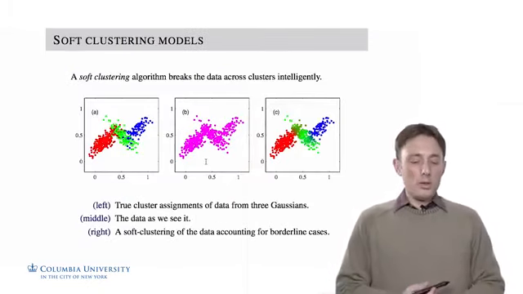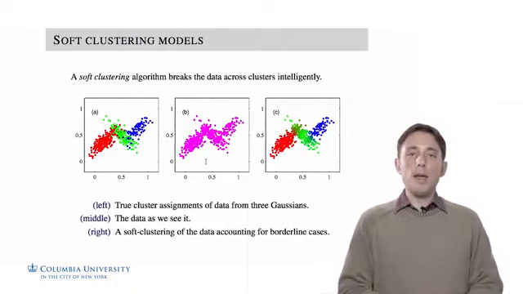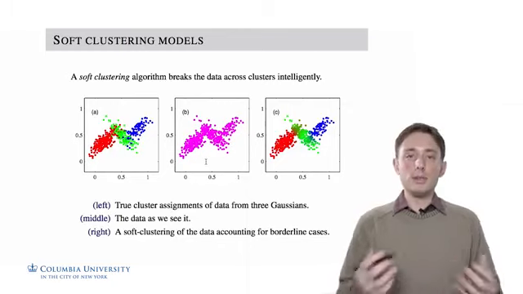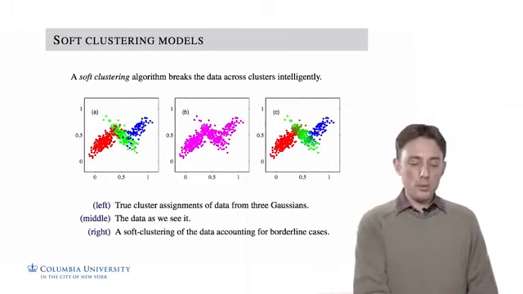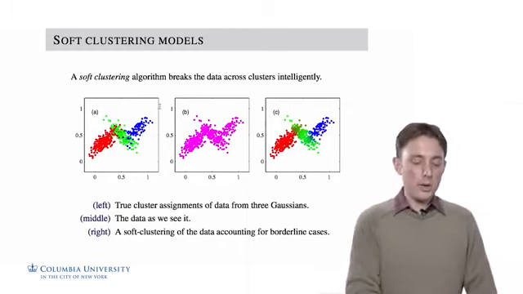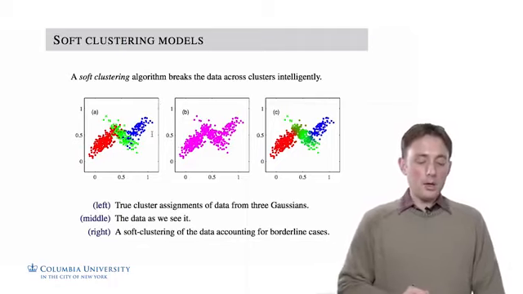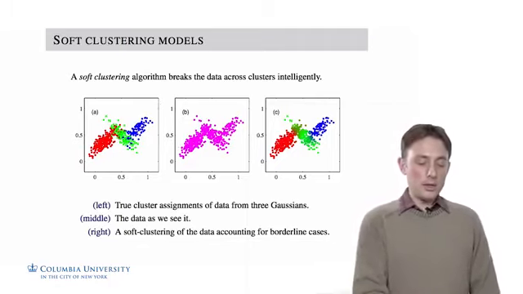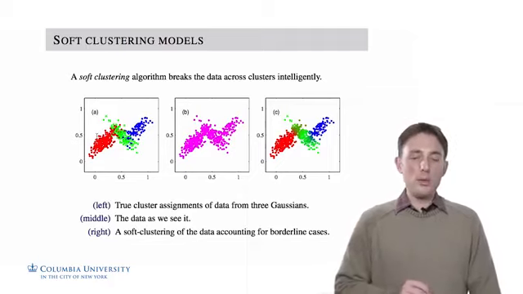Basically, a soft clustering algorithm takes the data and breaks the data into clusters in some sort of an intelligent way. So for example, let's look at these plots where we have the raw data according to their clusters. All of the red points were generated from the same Gaussian.